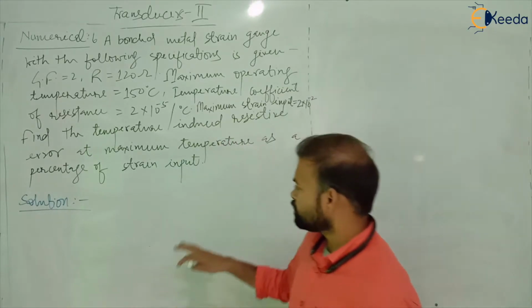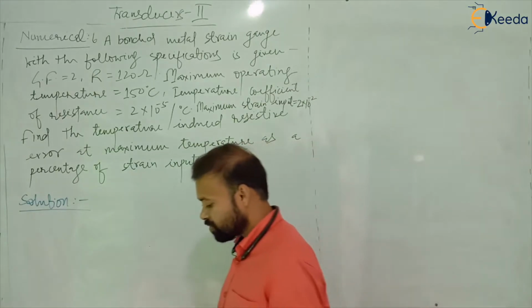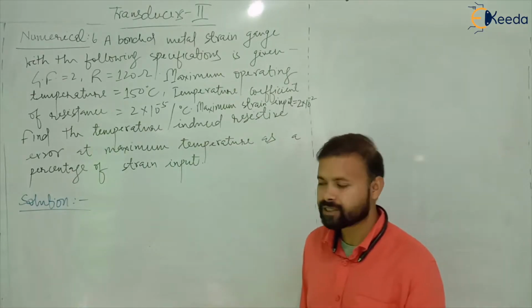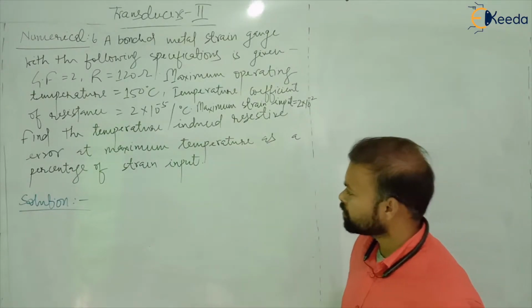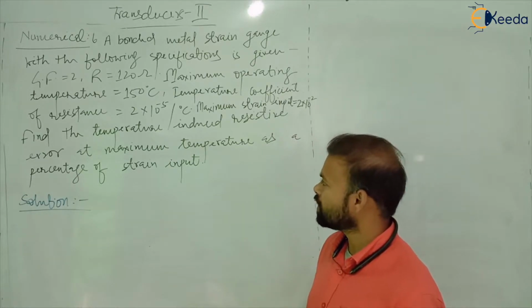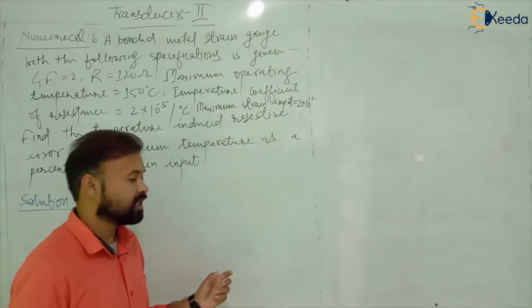Right? Now in this particular problem, we have to calculate first the temperature induced resistance change, and again we have to calculate resistance change due to strain. After that, we have to calculate percentage change.